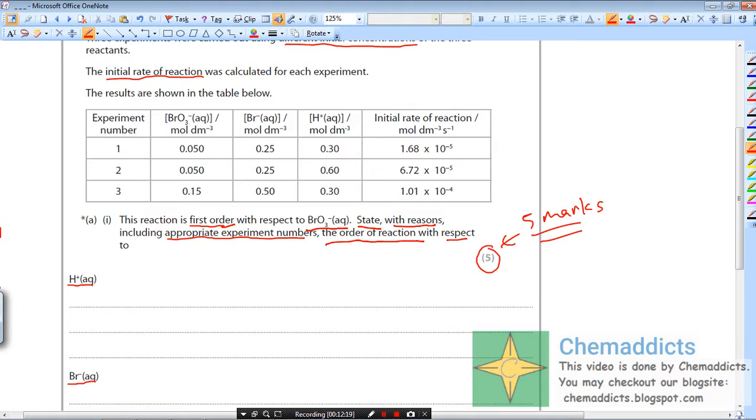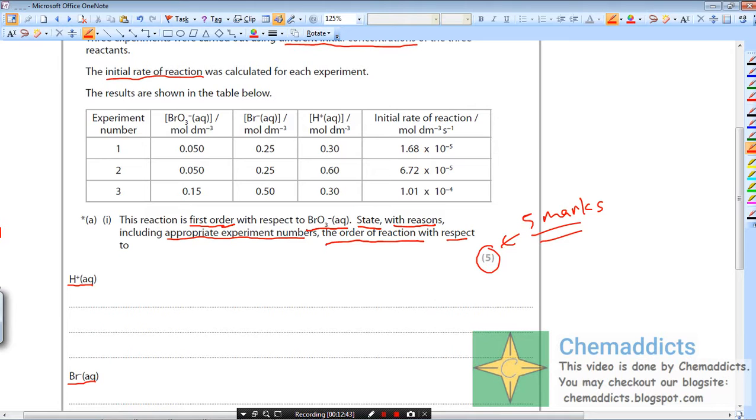These are the main things. First, they have asked us to state, and then with reasons including appropriate experiment numbers. And the last thing, they want us to find the order of reaction of the following components of the reactor.